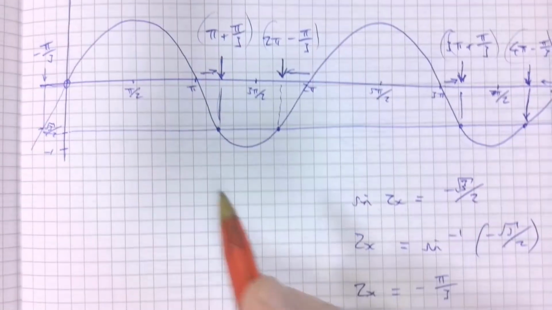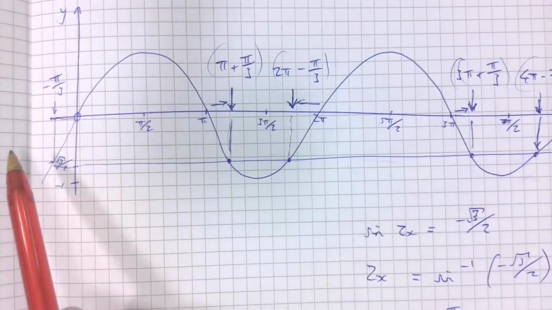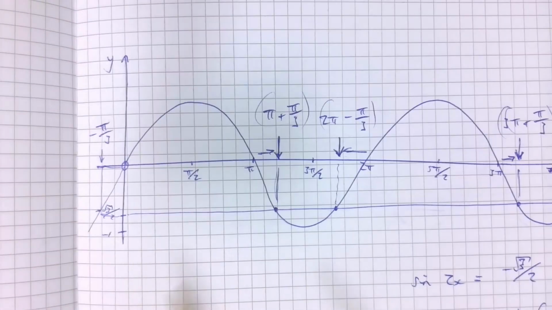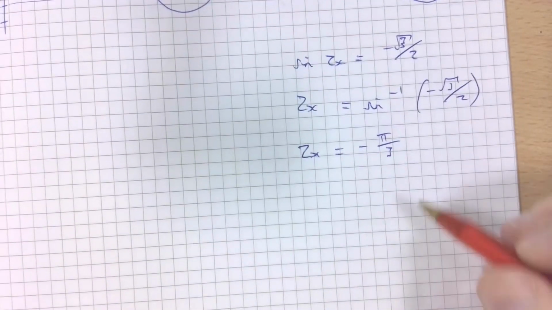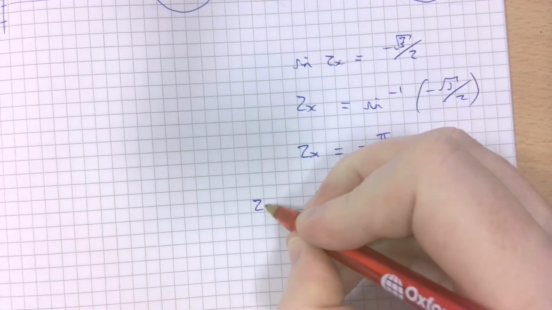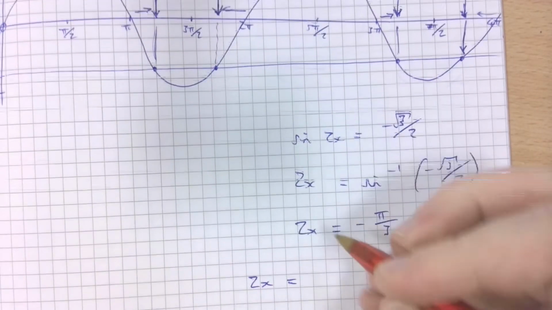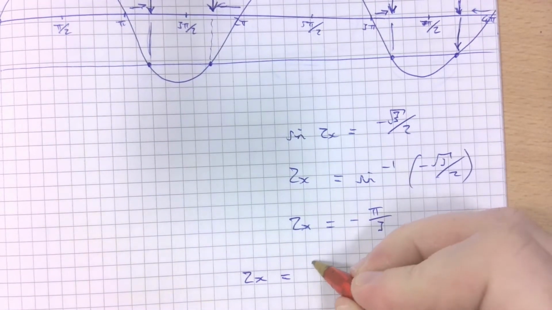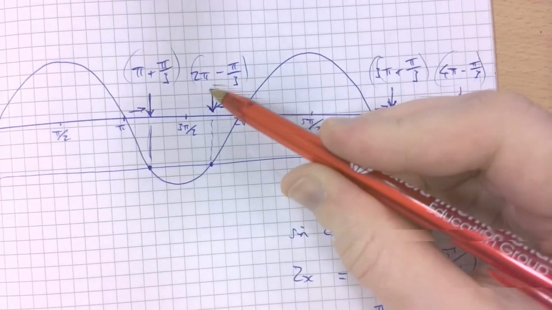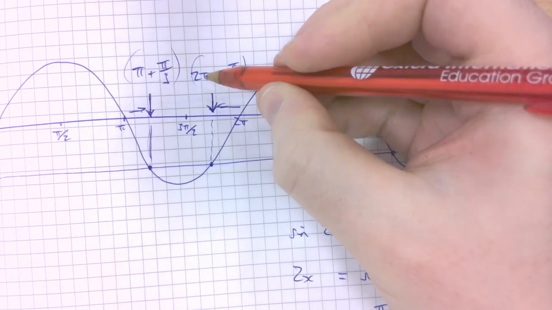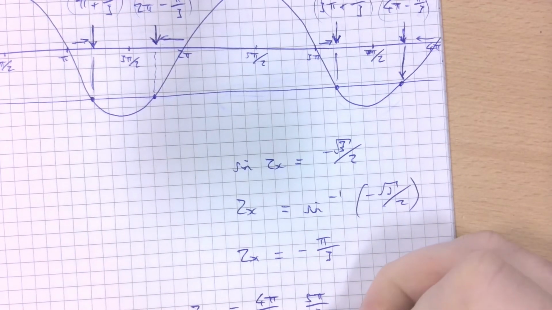Now, one of the solutions was negative pi over 3. That falls below 0, so I'm going to discount that. It was useful though in figuring out all of these other points, but negative values aren't part of the solution set here. So pi plus pi over 3 is 4 pi over 3. 2 pi minus pi over 3, if I think of 2 pi as 6 pi over 3, makes 5 pi over 3.